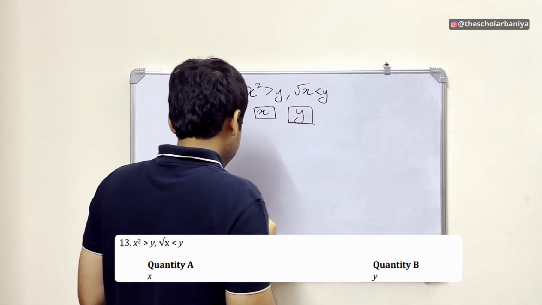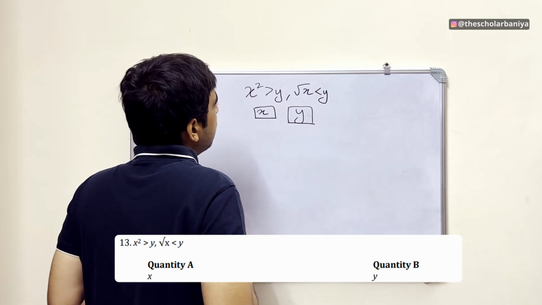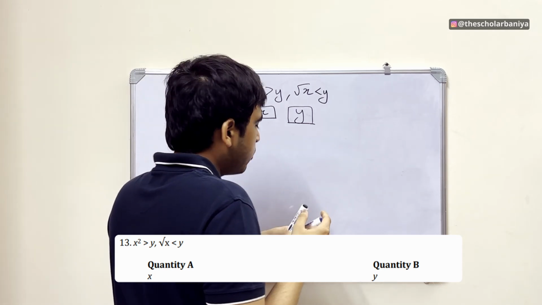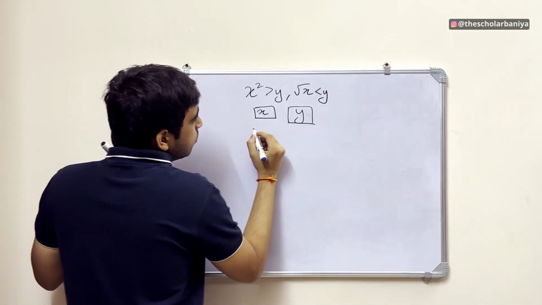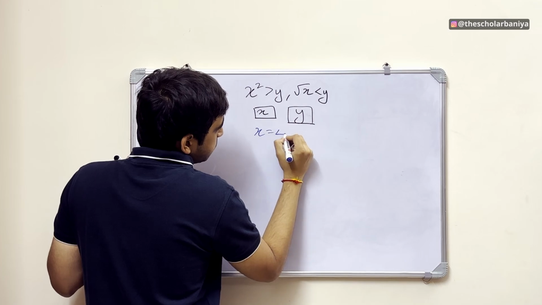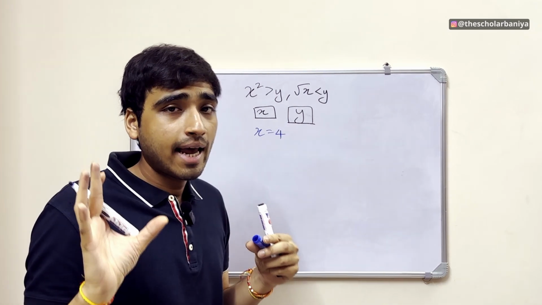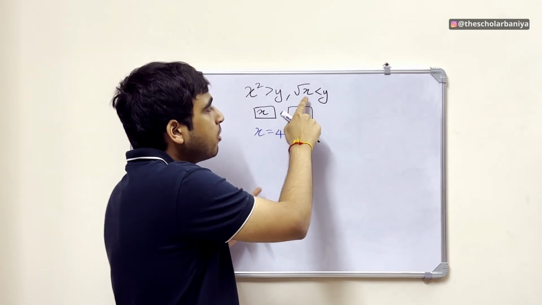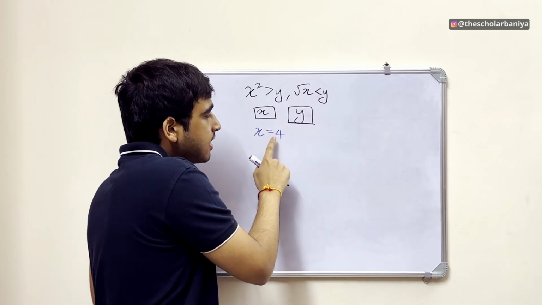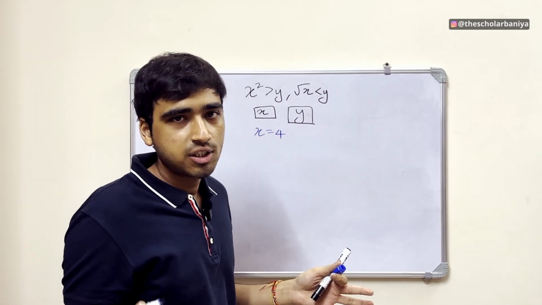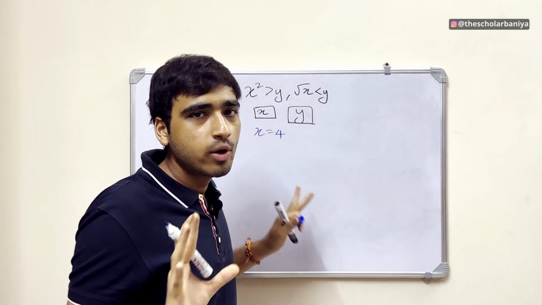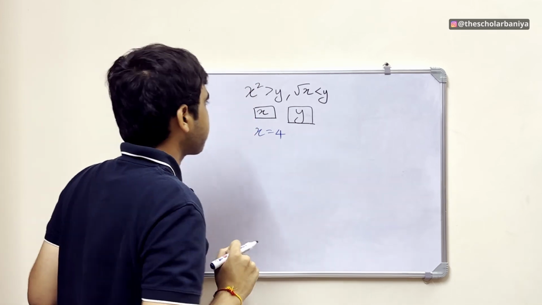What's the case? So let's suppose I take x equals 4. The reason I took x equals 4 is because I want to take the root of x, so I can easily find the root of 4, which is 2. So for simplicity, I took x equals 4.